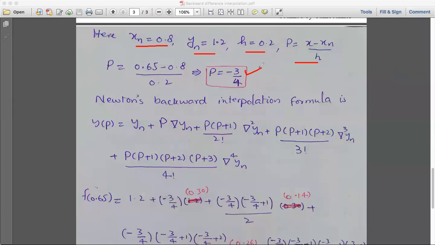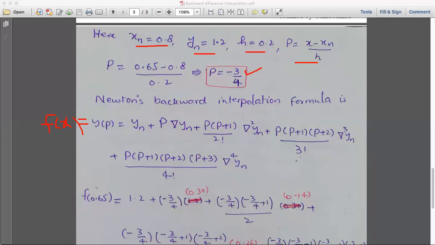Now using Newton's backward interpolation formula, अभी मैंने आपको बताया था, ठीक है. yp you can write, or you can write it as f of x. You can say this is equal to f of x. Okay, that is equal to yn plus p inverted delta yn plus p into p plus 1 divided by 2 factorial inverted delta square yn and so on.